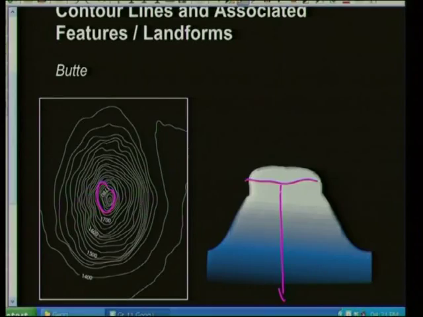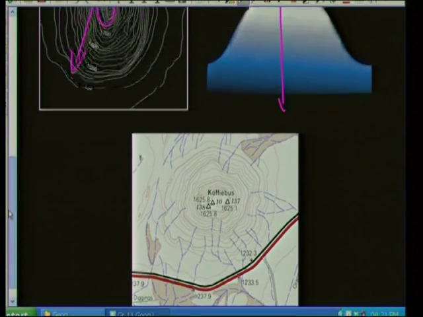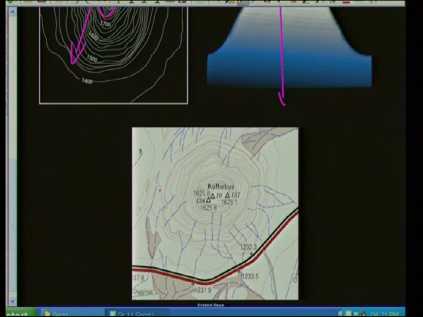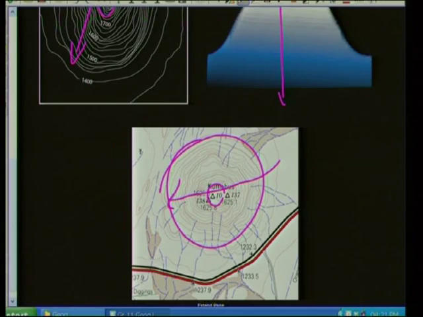So if we look at the center ring of the butte, the center contour line will be very small in comparison to the size of the landform, making it a butte. And there's a nice one from the topographic map, learners, where you can see the center one is quite small. And look at the size of the feature. Width is smaller than the height.